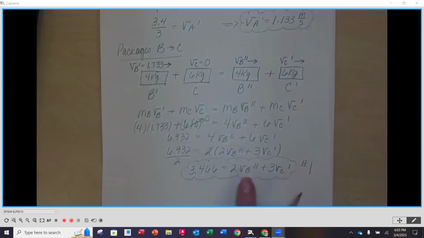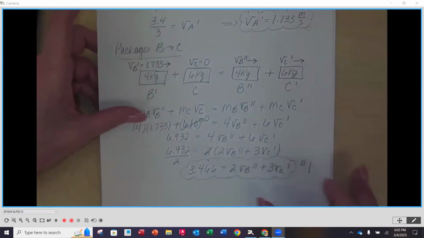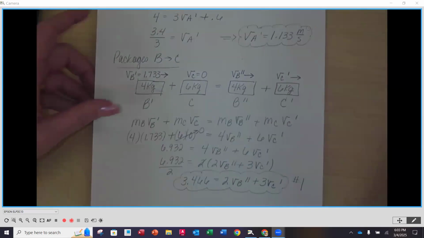We've got 2 unknowns, and we're going to use, again, the coefficient of restitution to get the second equation. Does everybody get the same 3.466? Okay. Then I'm going to go to the next sheet.